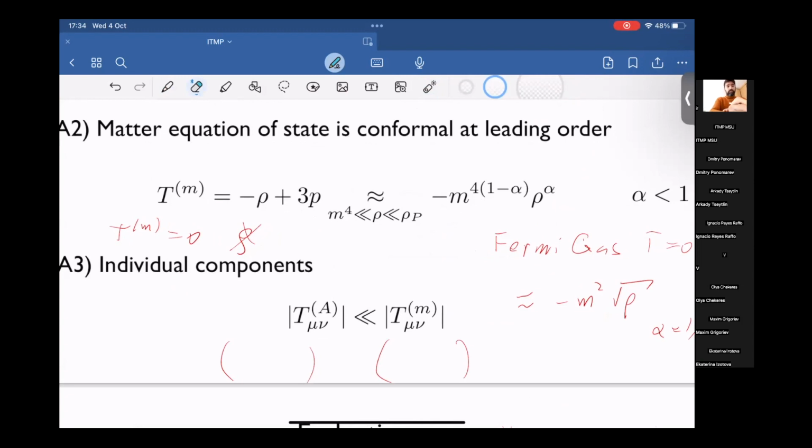So I guess that's your main assumption. Yes. That indeed all components of matter dominate the components of the anomaly contribution. Yes, exactly. Which by no means is obvious because the anomalous contribution is non-local. Absolutely true.